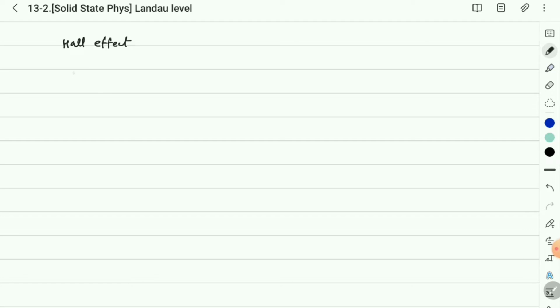is that if the sample is here and the electric current flows from this side to this side, that is the electric current density direction.